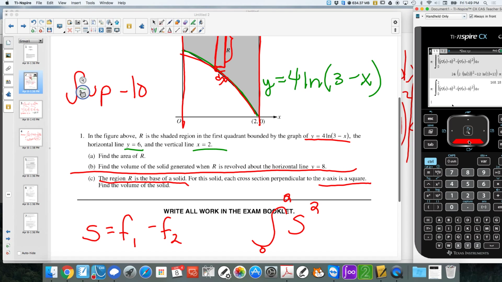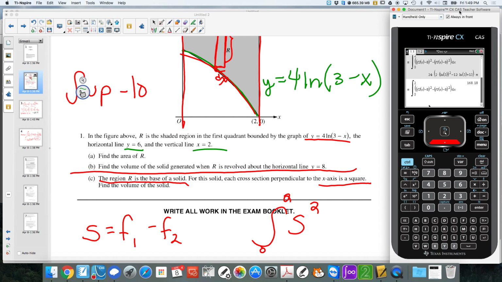I'm going to move my calculator over and go to the integral, menu, calculus, integral, from 0 to 2.